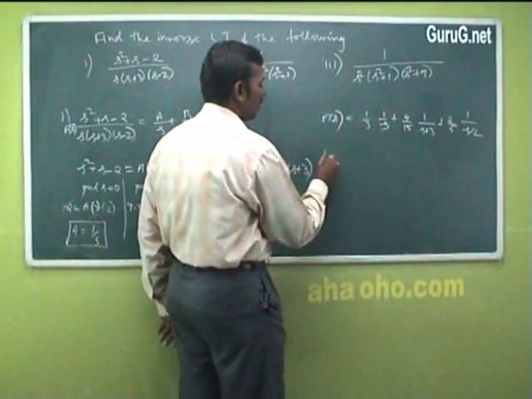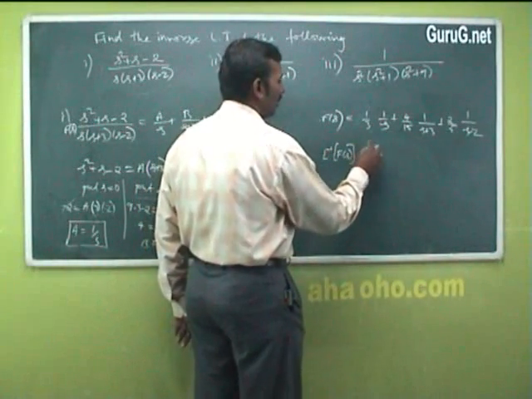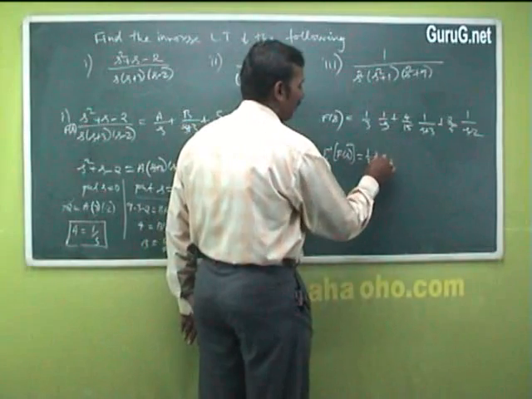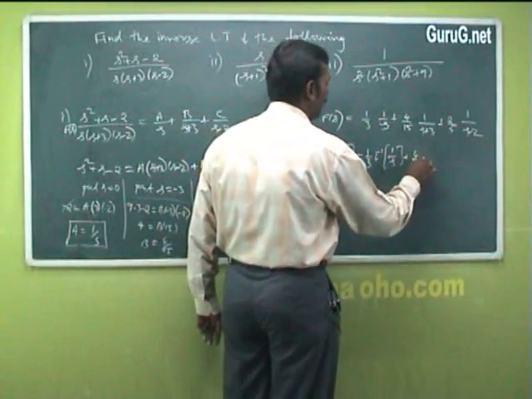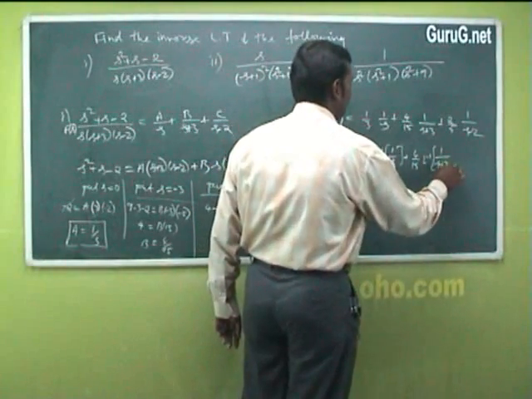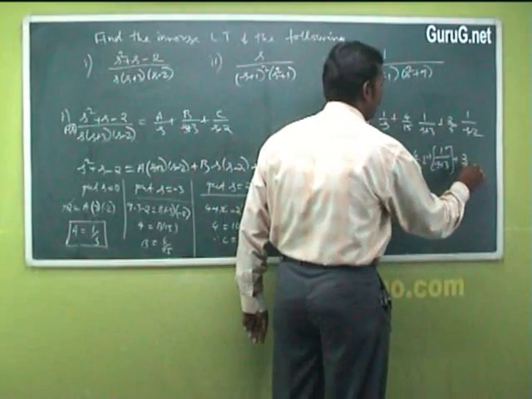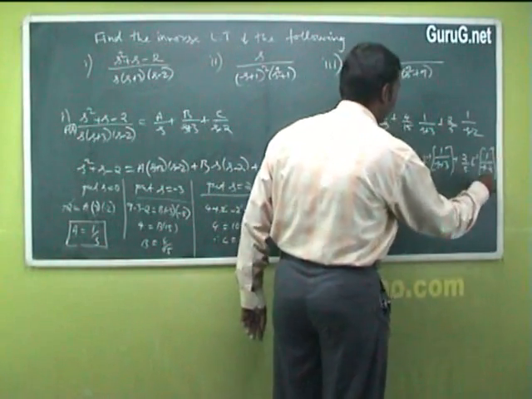Now taking inverse, so L inverse of f of s equal to 1 by 3 on the constant, by L inverse of 1 by s, plus 4 by 15 L inverse of 1 by s plus 3, plus 2 by 5 into L inverse of 1 by s minus 2.